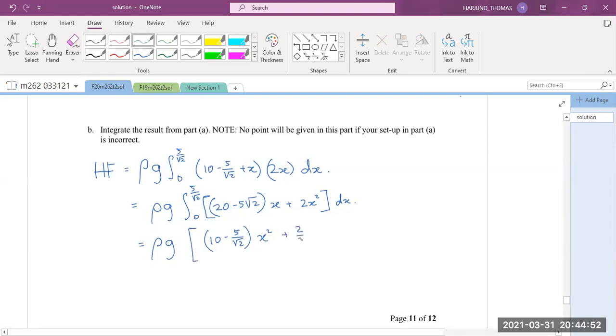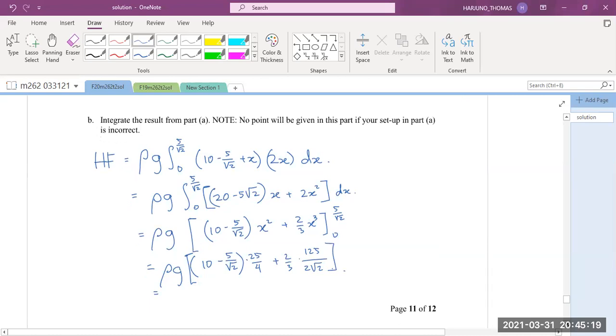Plus 2 over 3 x cubed from 0 to 5 over radical 2. Times 25 over 4 plus 2 over 3, 125 over 2 radical 2. Yeah, basically compute from there.